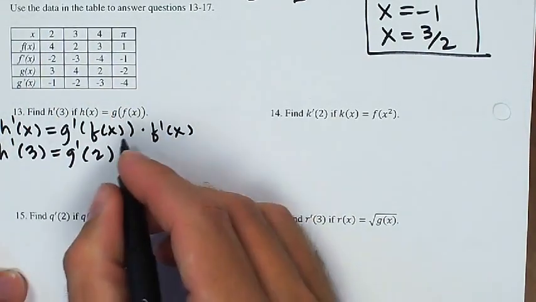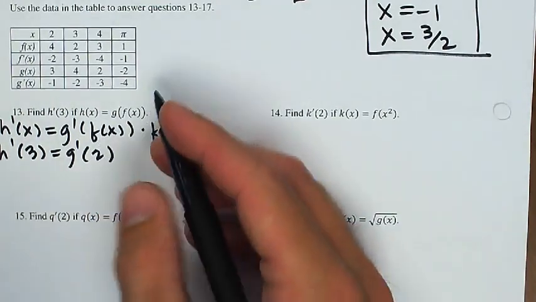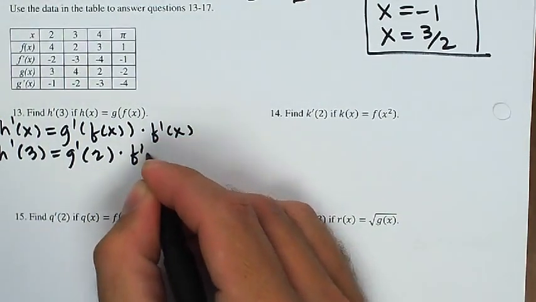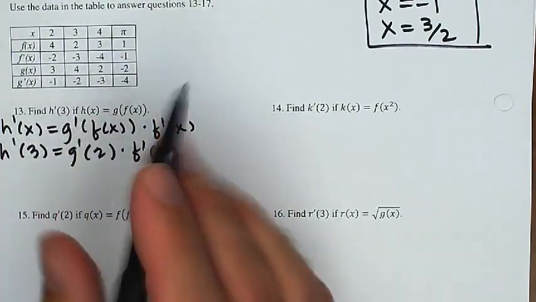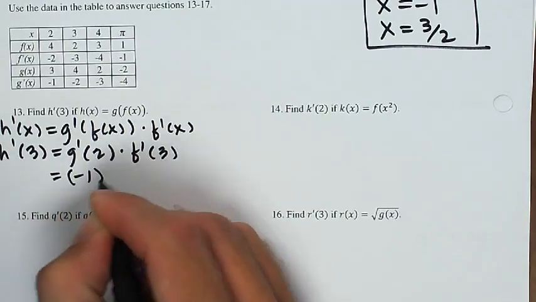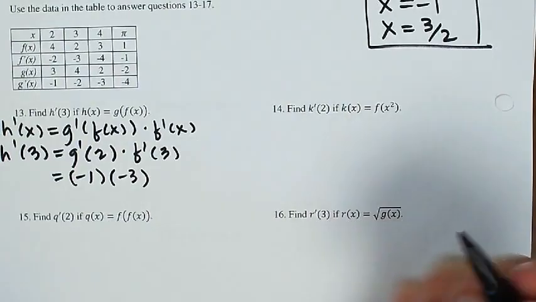Okay, yeah, cool. I have f of 2. No. f of 3 equals 2. Okay, times f prime of 3. Okay, g prime of 2 is -1. And f prime of 3 is -3.